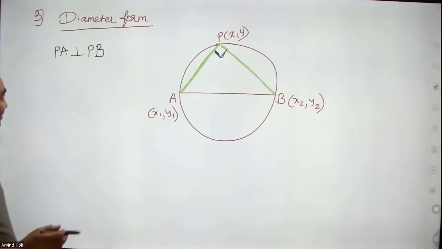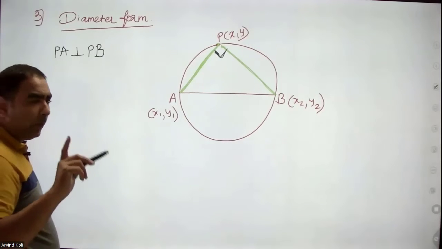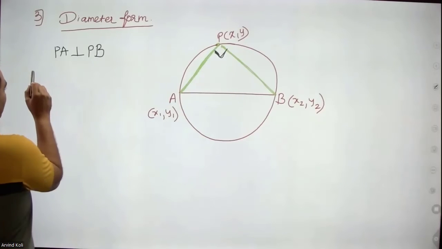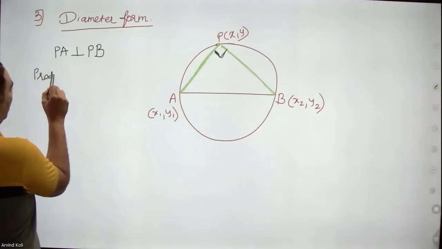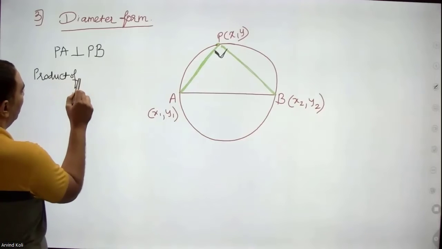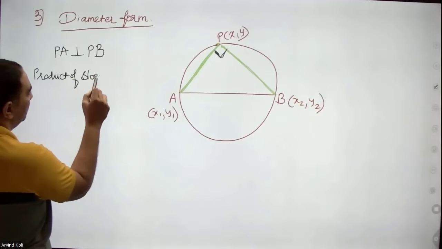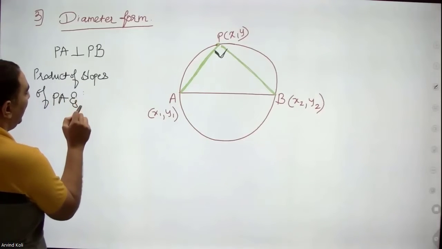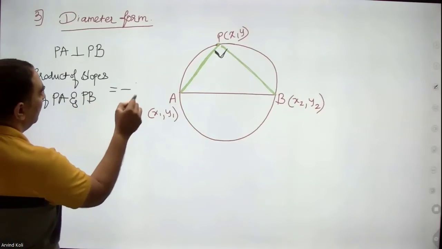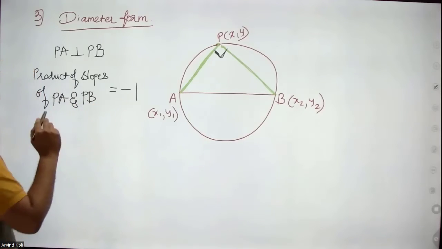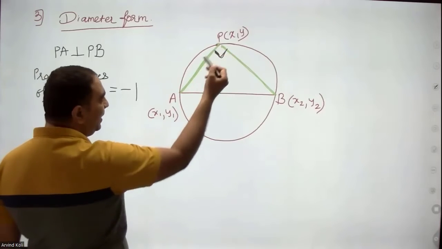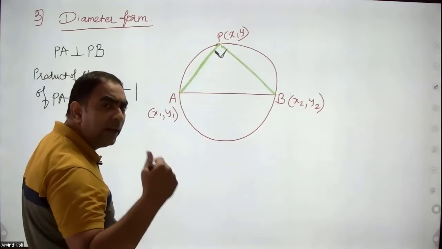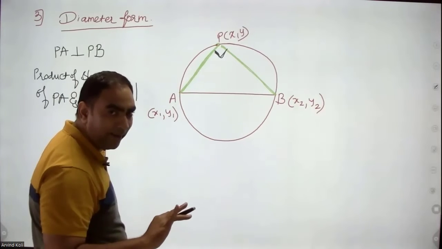And students, we know one relation. When two lines are perpendicular, the product of the slopes is -1. So we can say the product of slopes of PA and PB will be equal to -1. Now, slope of PA we can calculate over here. क्या था स्लोप फाइंड करने का फॉर्मूला? डिफरेंस ऑफ y कोऑर्डिनेट अपॉन डिफरेंस ऑफ x कोऑर्डिनेट.